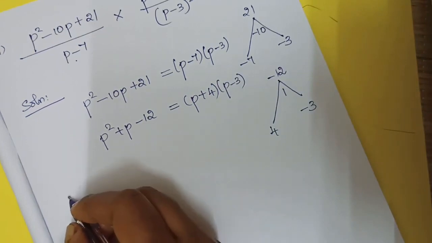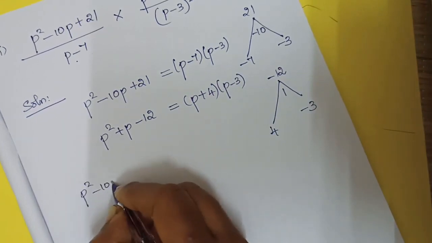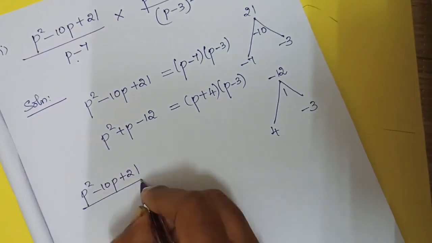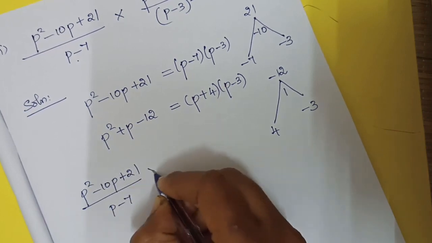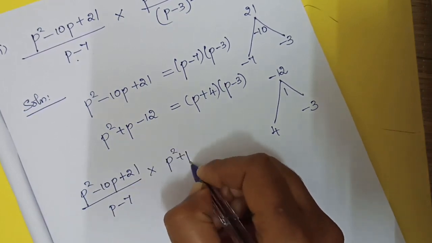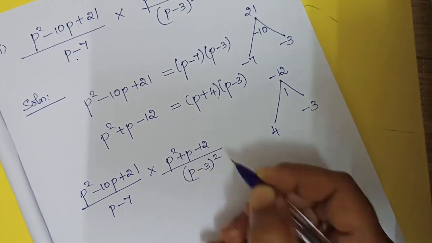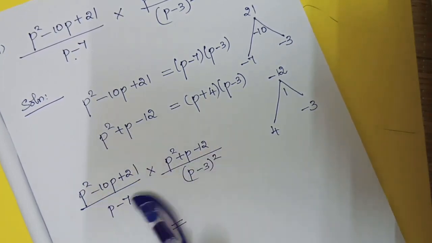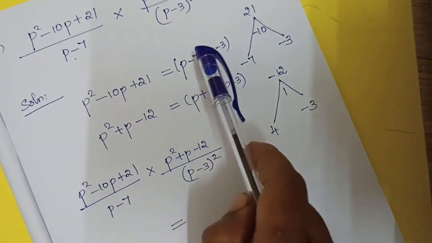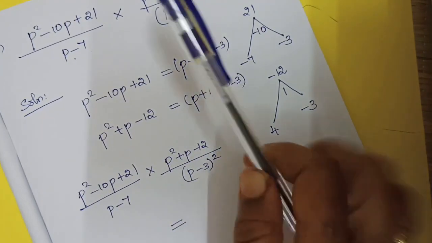Then we need to apply. p square minus 10p plus 21 divided by p minus 7, into p square plus p minus 12 by p minus 3 the whole square, which is equal to, what is the value for this? Just before we solved this one.